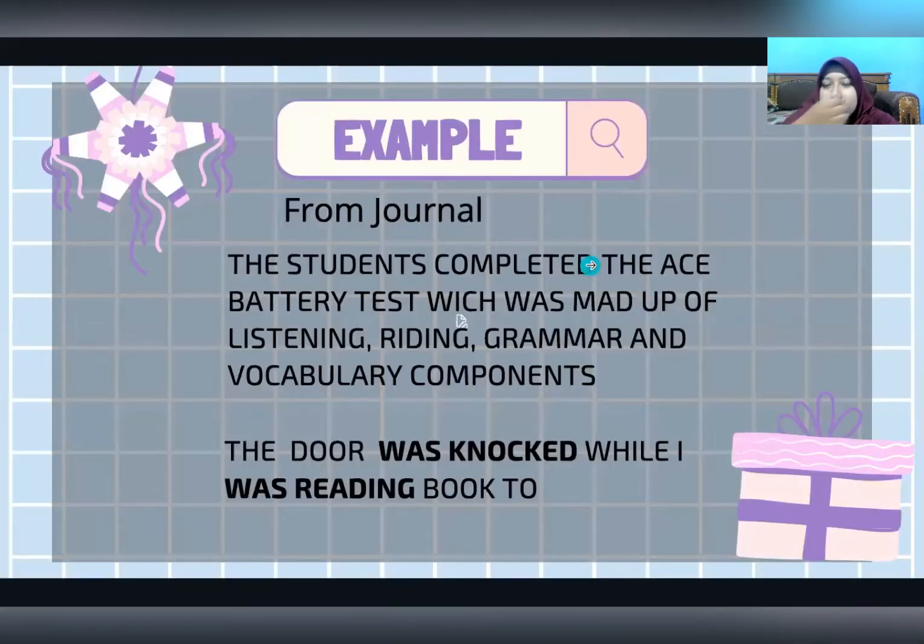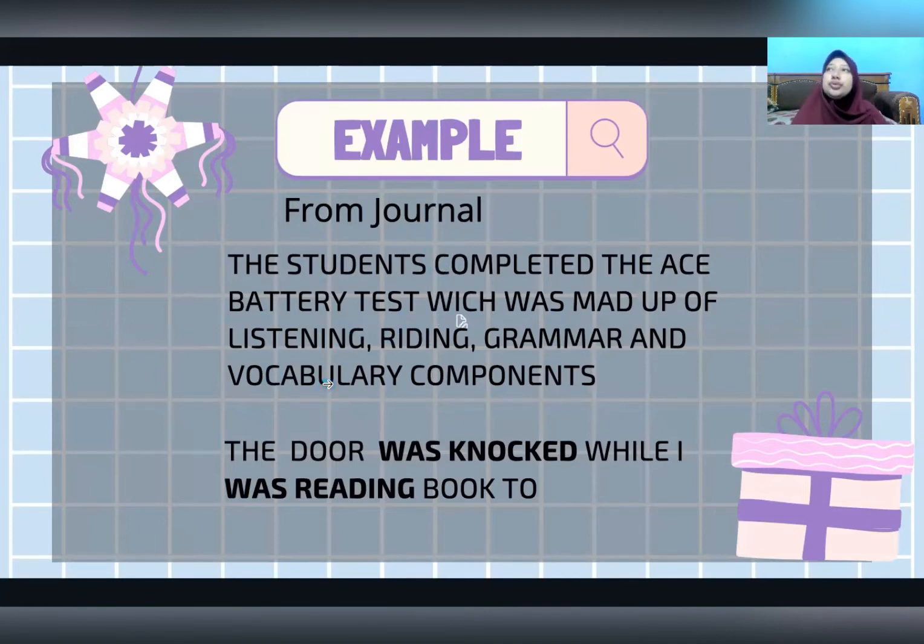This sentence narrates the atmosphere at the test, so it is included in the past continuous tense.